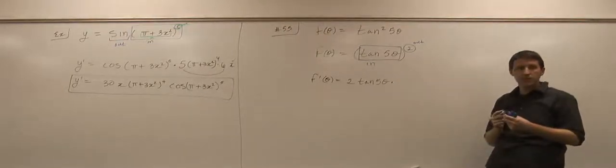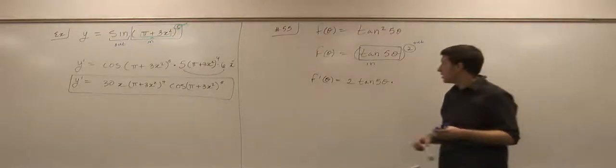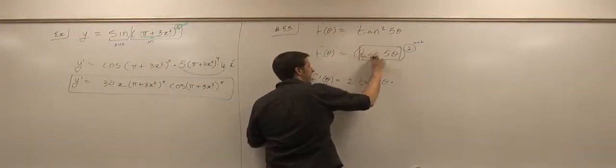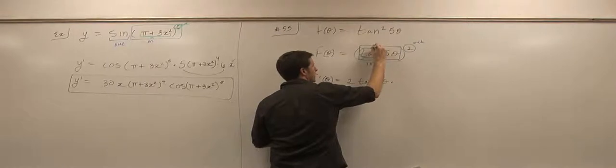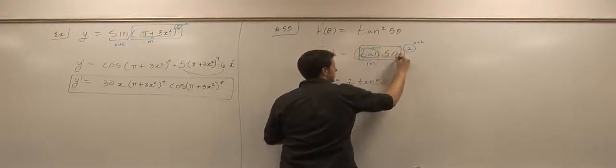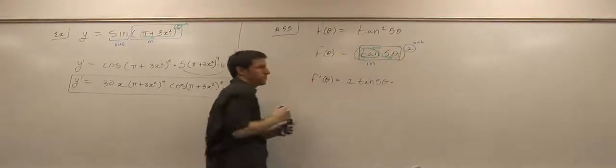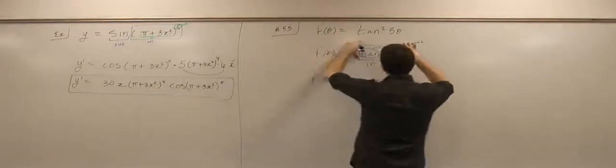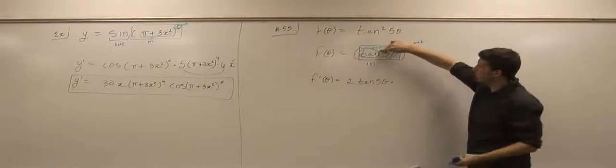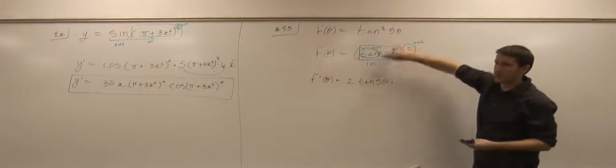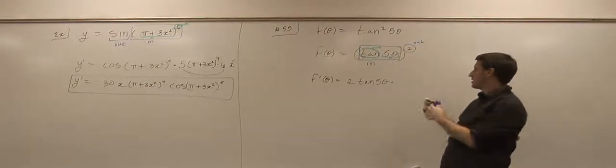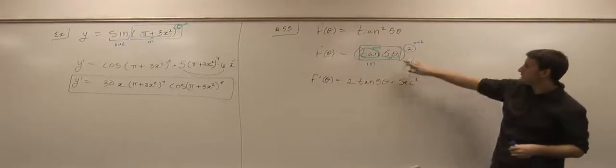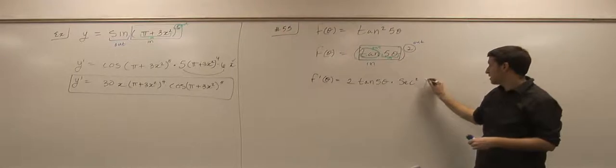Now here's where you have to be careful. The inside has another chain rule. Because this is an outer function, and this is your inner function. So when you do the derivative of the blue inside, you have to do first the derivative of the green outside. So the derivative of tangent is, now should I write secant squared, what should I put in it? 5 theta. 5 theta stays inside.